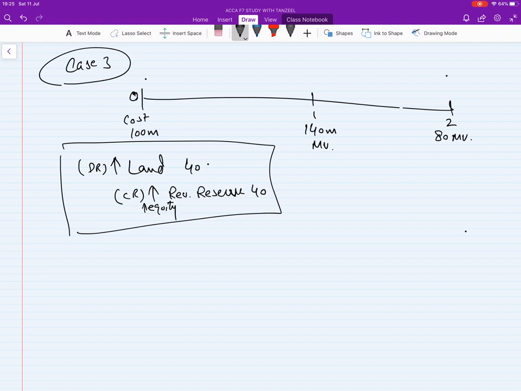And then the very next year you see it was devalued, from 140 to 80. So how much is it? It was devalued by 60.